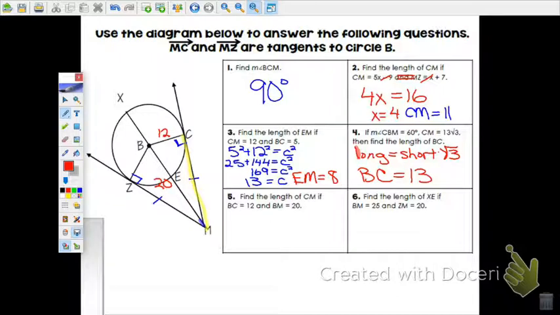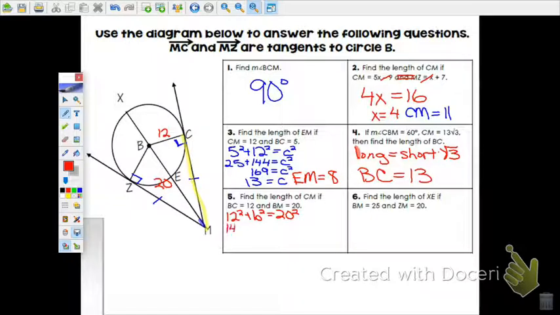So again, I'm looking at this right triangle. This time it's not a special right triangle. I don't have any other angle measures, but I do know it's a right angle, which means I can use Pythagorean theorem again. So 12 squared plus, I'll call it b squared, equals 20 squared. Just need to remember that 20 is your hypotenuse.